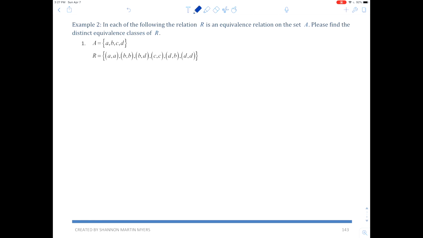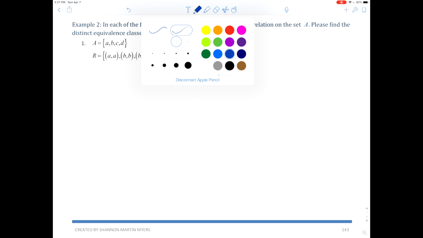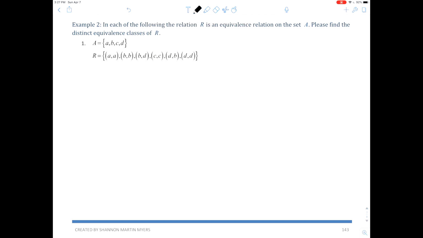All right, so let's start this one out by making the directed graph of the relation.